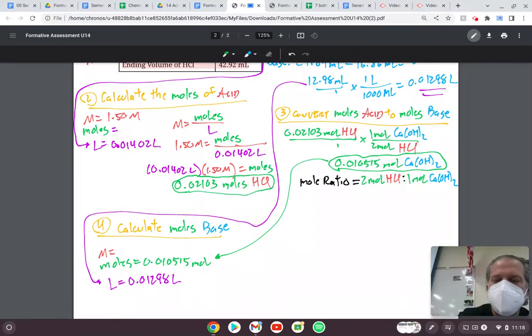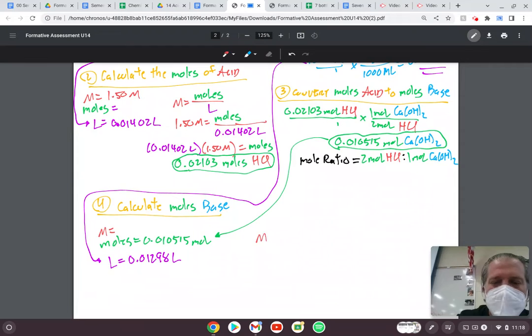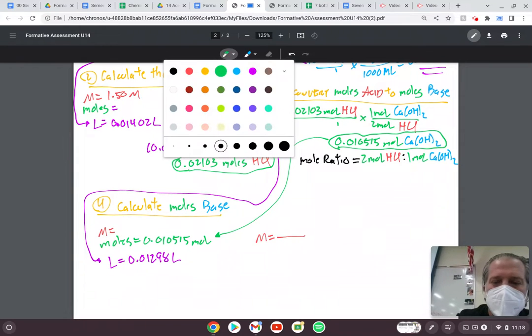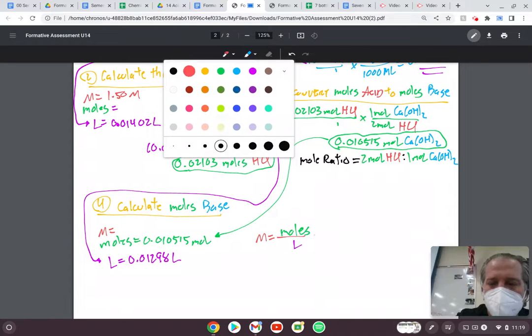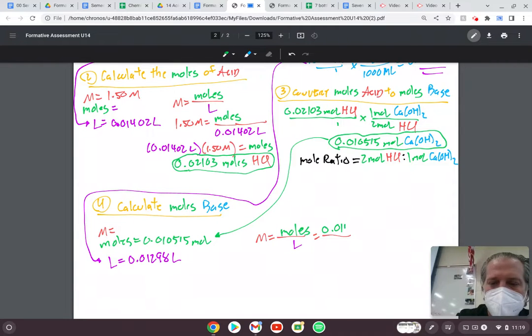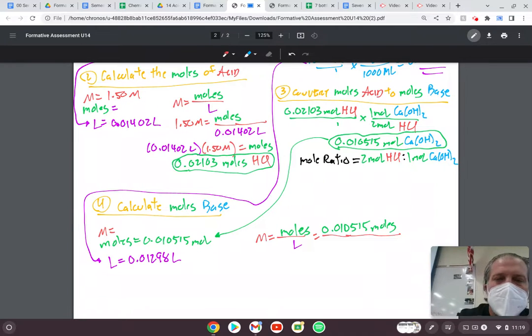And then our last step here is to actually throw this into our molarity formula. So molarity is equal to moles over liters, which is going to be equal to 0.010515 moles over 0.01298 liters.